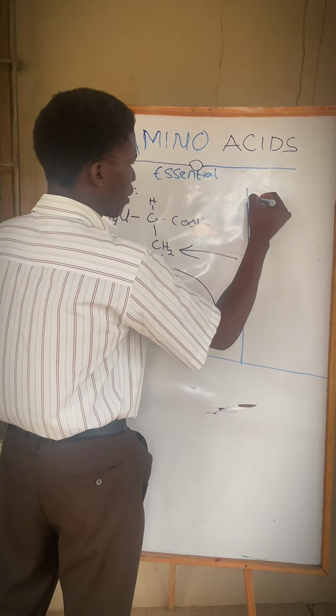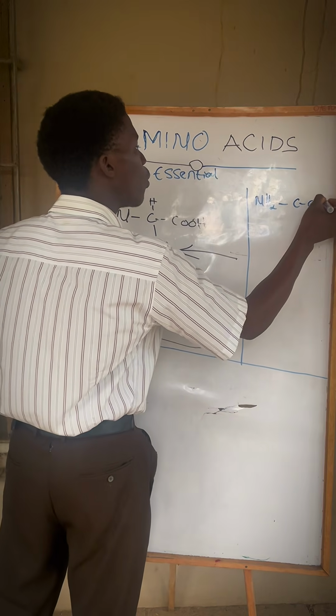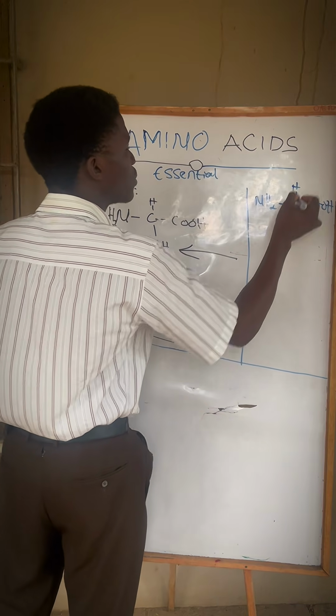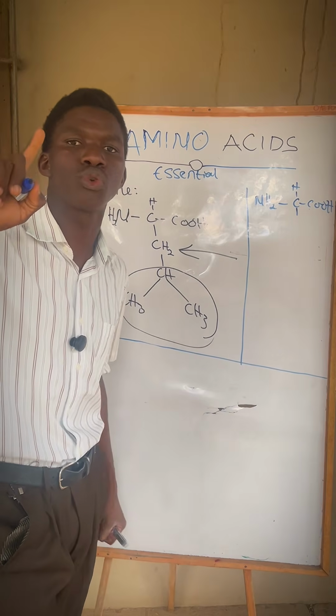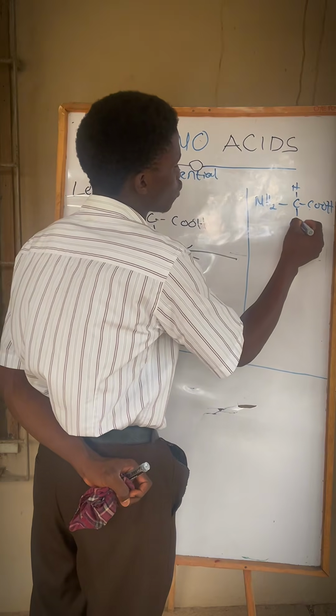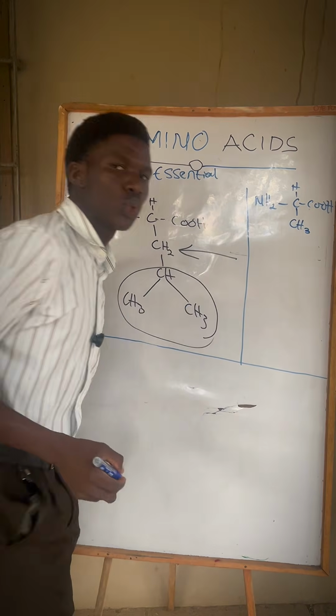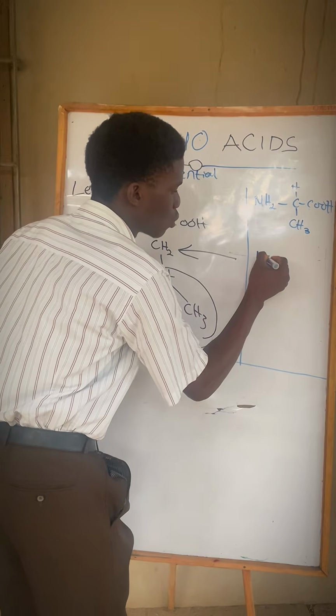For isoleucine, all we have is our backbone first: NH2, CCOOH, hydrogen. Don't forget, every amino acid, the first thing you need to do is the alanine structure. All of them have the structure of alanine. So write your CH3 here. Now, don't forget the name, isoleucine.